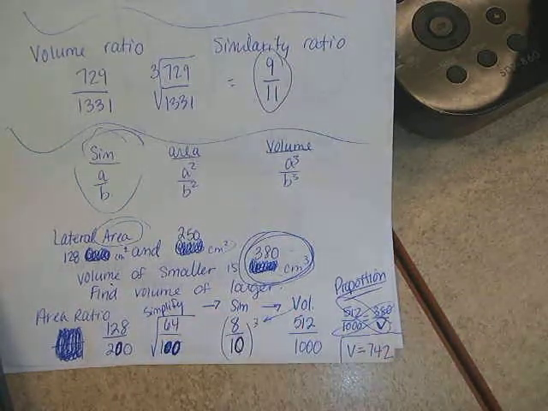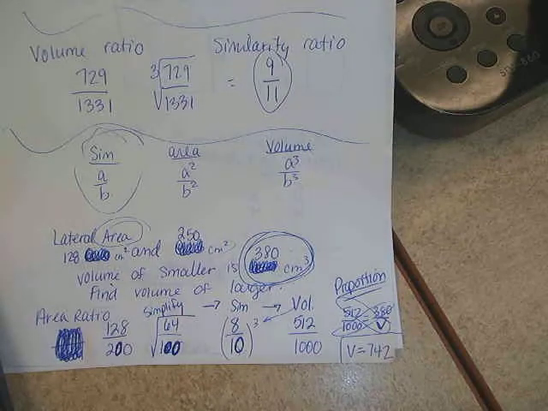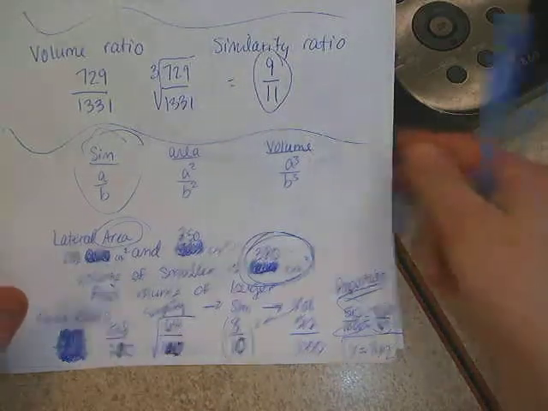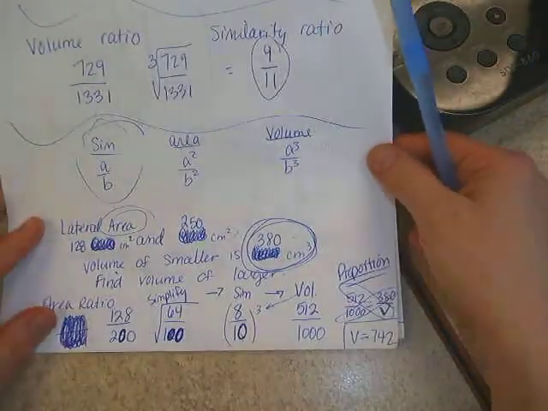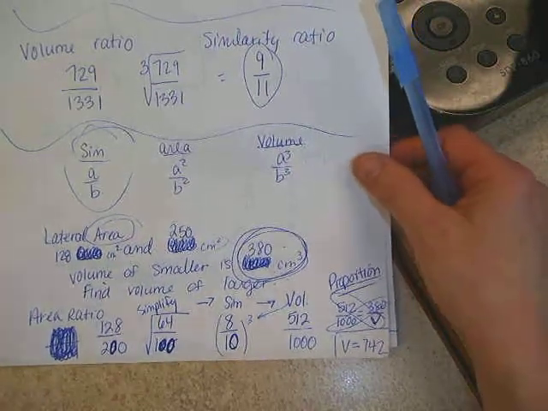And then you're going to cross multiply. So we're multiplying these, dividing out the 512. So the volume would be about 742 if we round it to the nearest whole number, and that's cubic units.